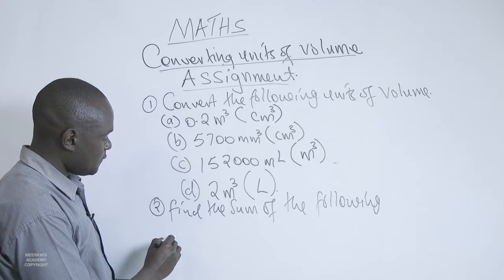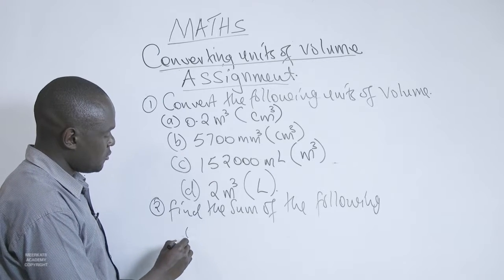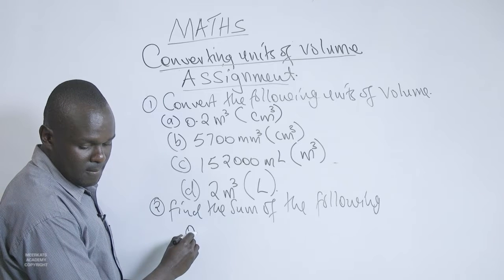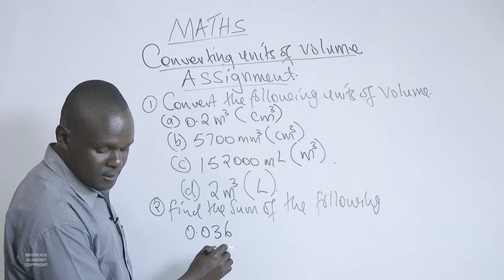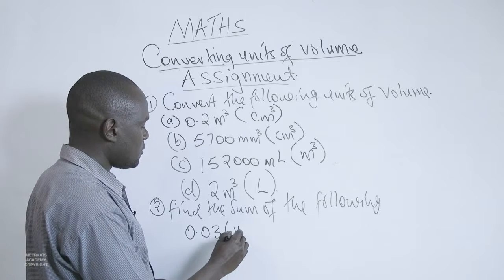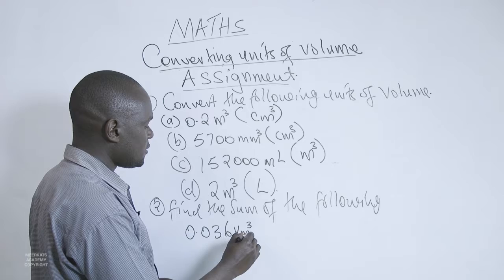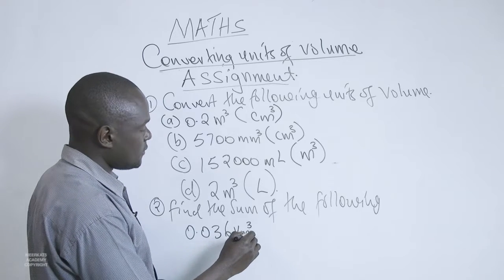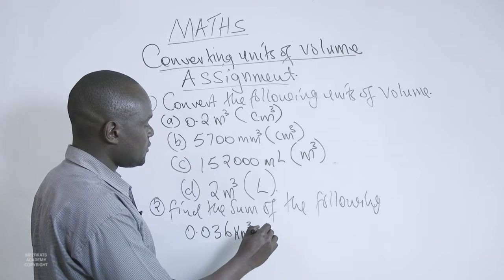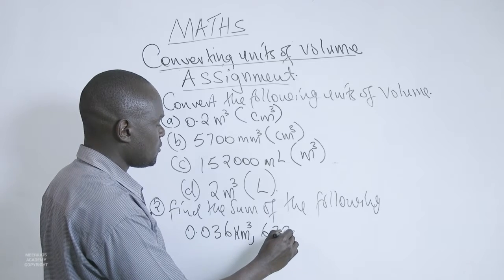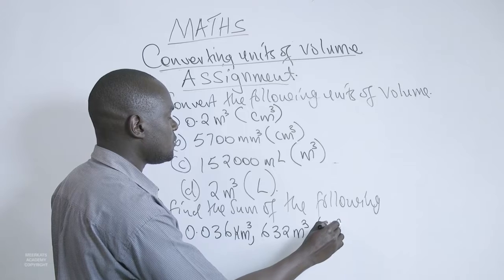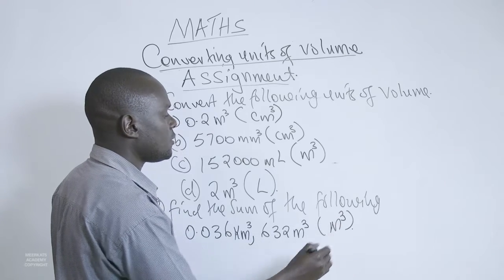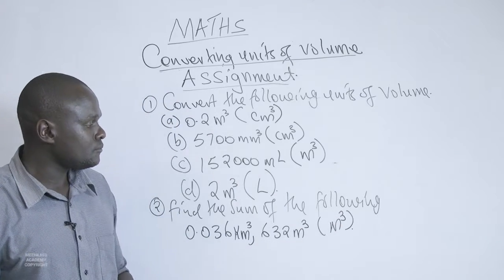You can go ahead and find the sum of 0.036 cubic kilometers and 632 cubic meters, and you express your answer in cubic meters.